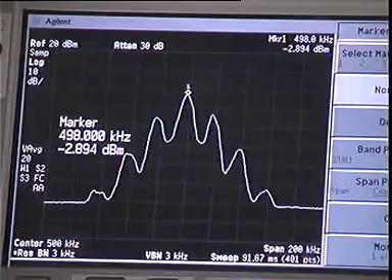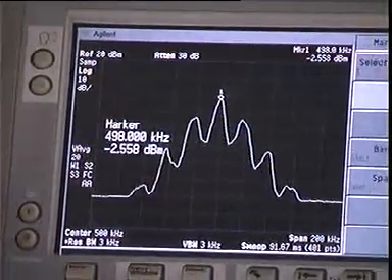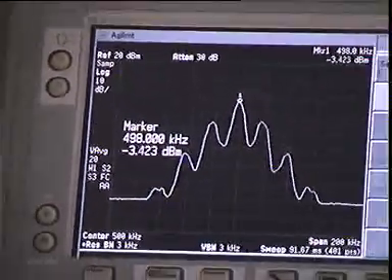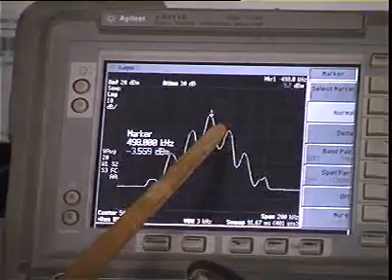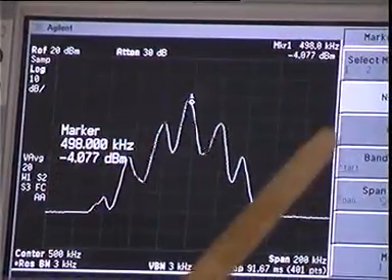Now let us look at the positions of the sidebands. The carrier frequency is 498 kilohertz. Remember, we measured the message signal frequency to be 20 kilohertz. So the first sideband, upper sideband, will lie at 498 plus 20 kilohertz.